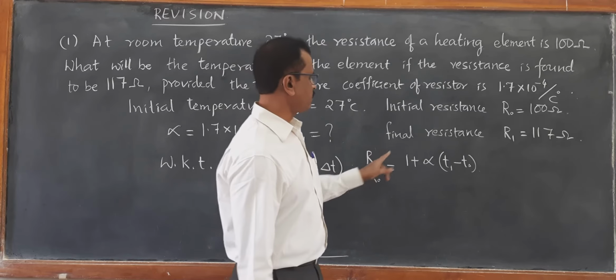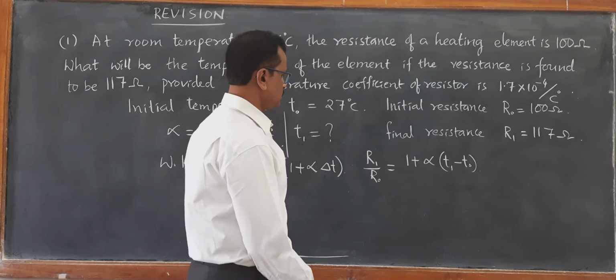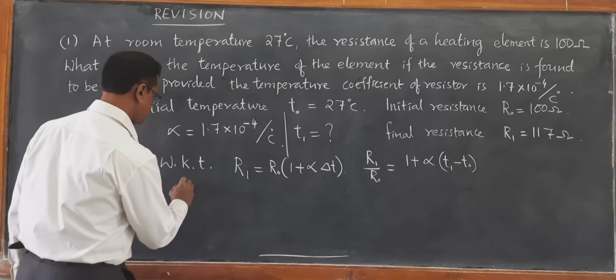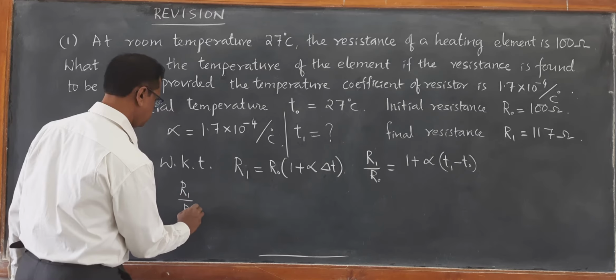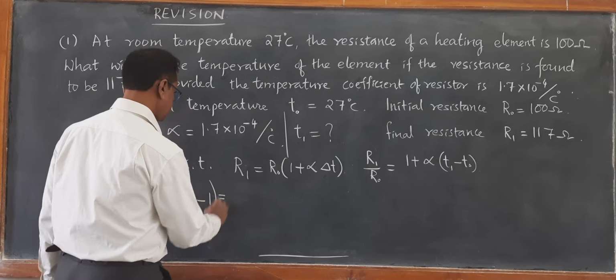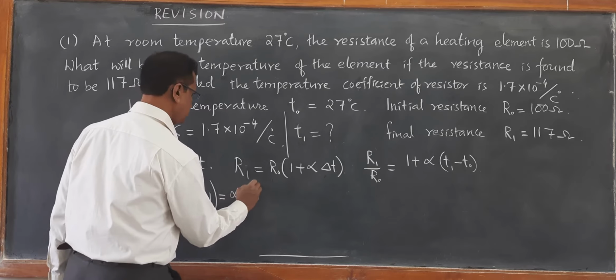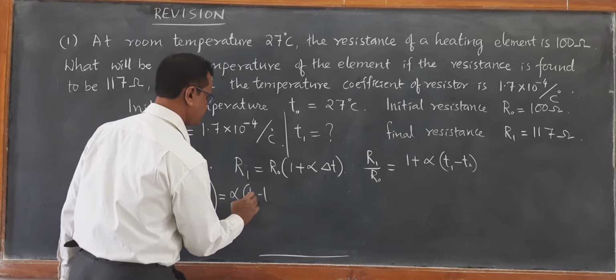Okay, and here R1 is given and R naught is given. Problem is very simple. So this implies R1 by R naught minus 1 is equal to alpha into T1 minus T naught.